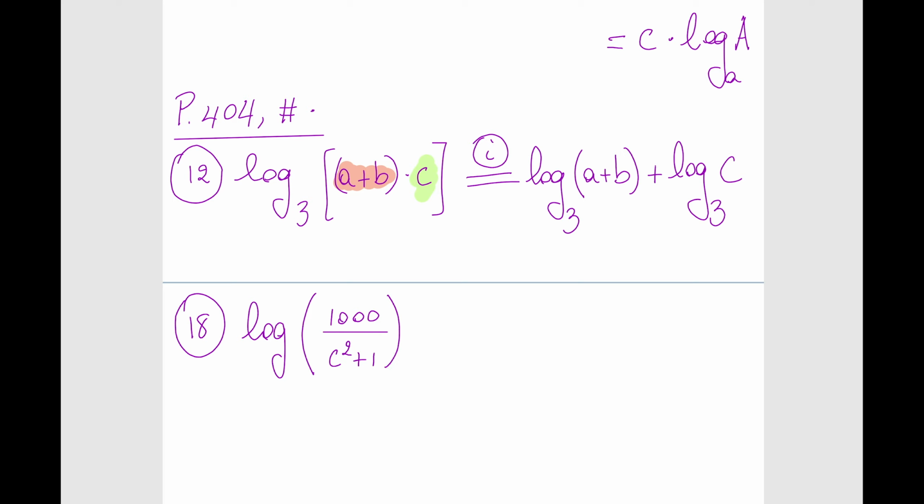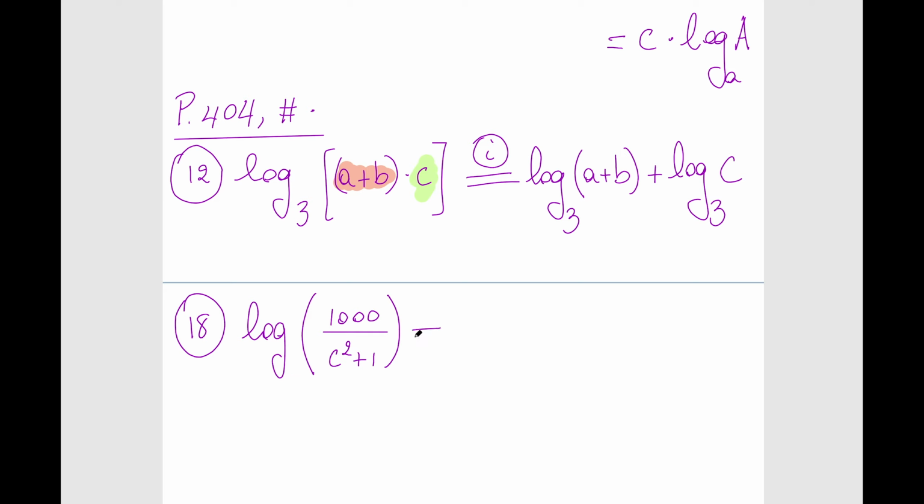By the way, whenever we don't write the base, the assumption is that the base is 10. This is the notation of log without a base. The base is there, but we don't write it. And this is the common log function, the name of such a function, log base 10.